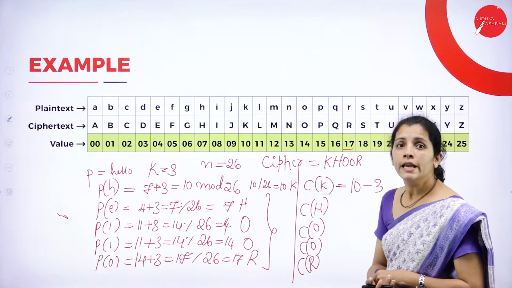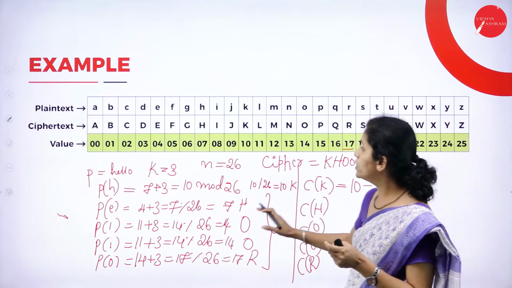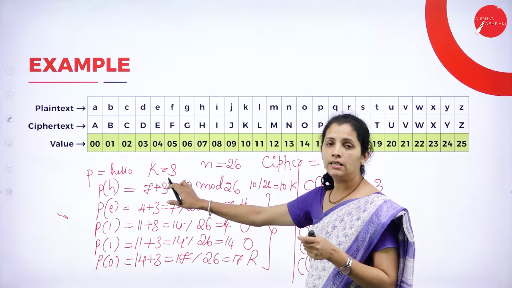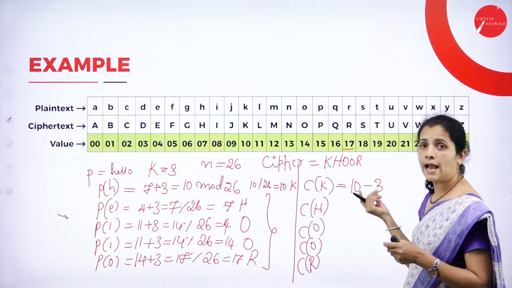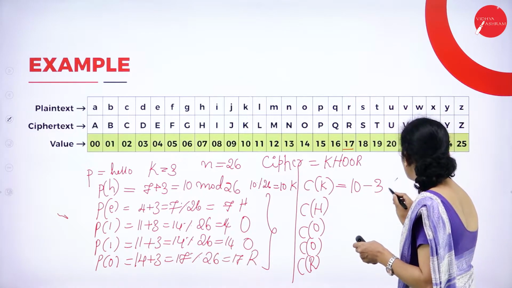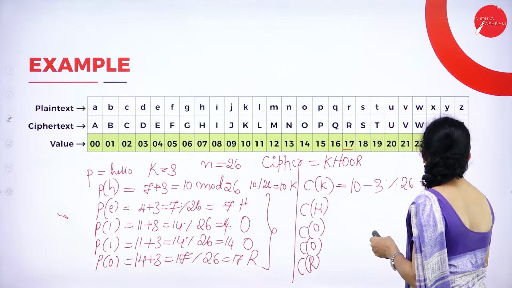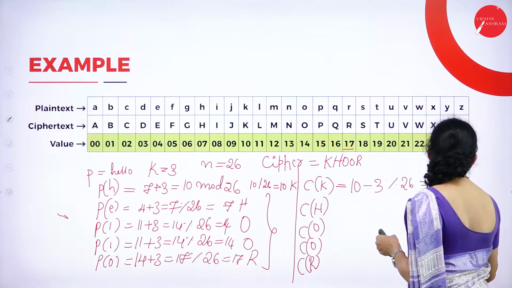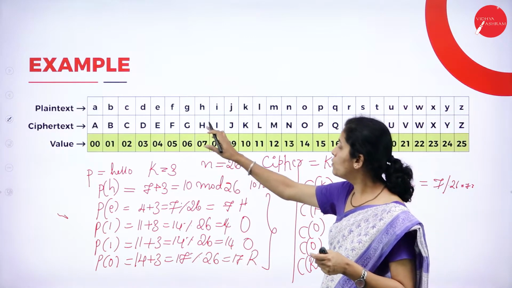See here, in additive cipher to encrypt, I am going to perform plus. That is summation. And here I am going to subtract. That means I want to find the difference. So, minus mod 26. It is 7 mod 26. Once again, it is 7. So at the place of 7, what is there?